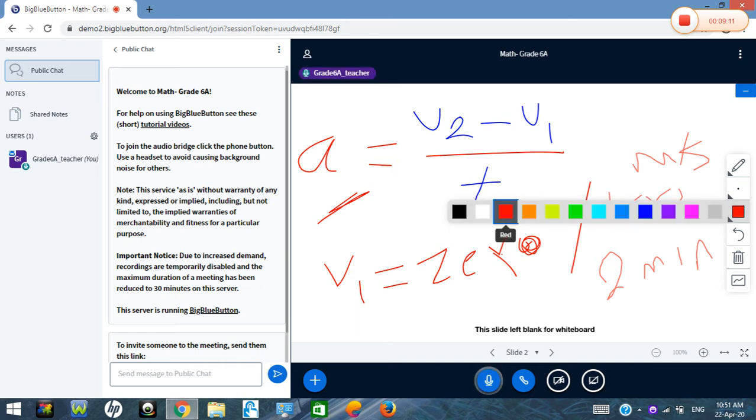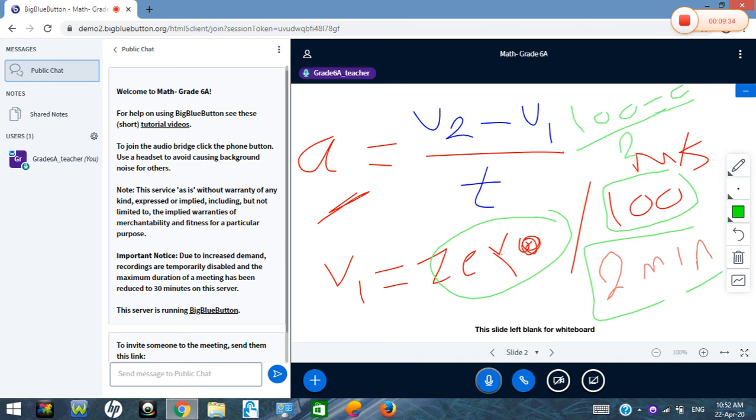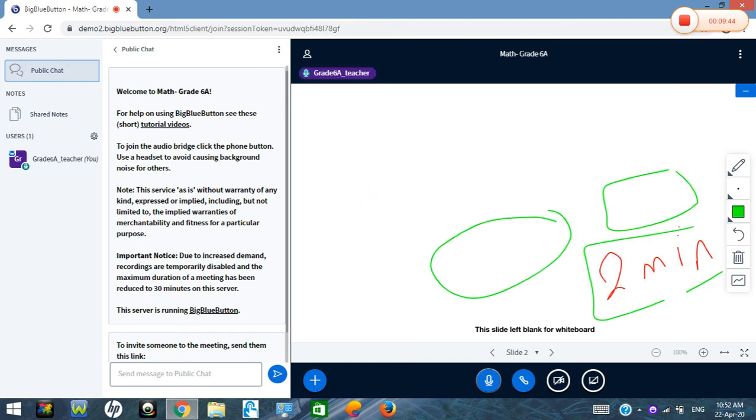Now you can calculate the acceleration by subtracting 100 minus 0 over 2. 100 minus 0 firstly, over 2 equals, excellent. What happened? Okay, there is some technical problem.